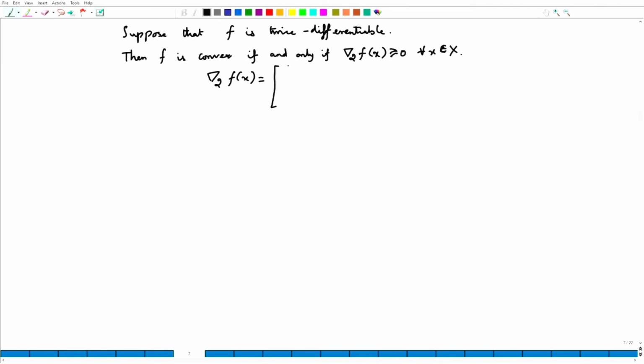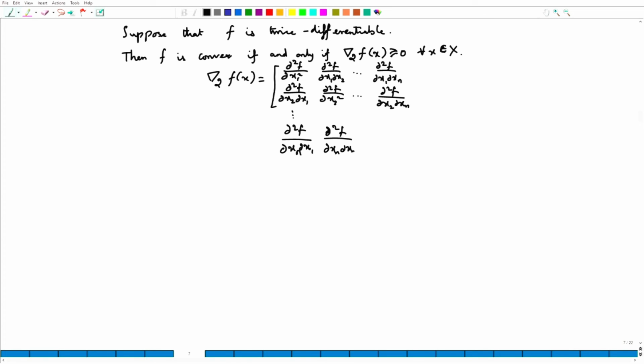So, it is just dou squared f by dou x1 squared, dou squared f by dou x1 dou x2, dot dot dot, dou squared f by dou x1 dou xn, dou squared f by dou x2 dou x1, dou squared f by dou x2 dou xn, dot dot dot, dou squared f by dou xn dou x1, dou squared f by dou xn dou x2, dot dot dot, dou squared f by dou xn squared.